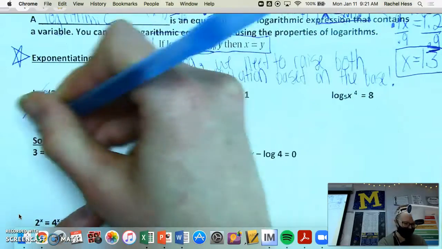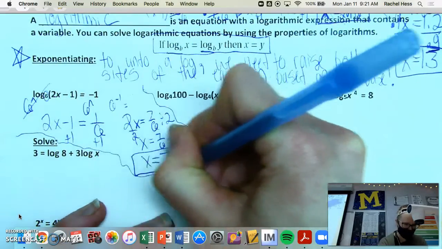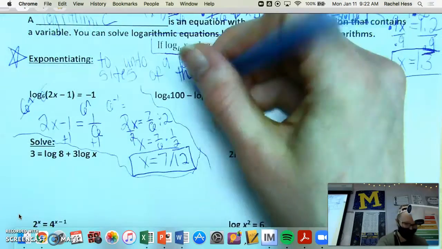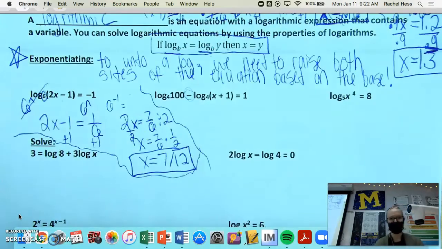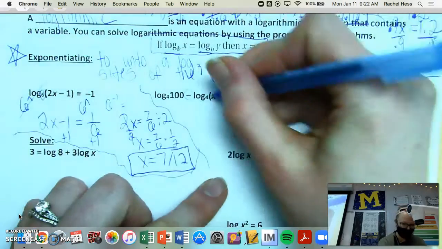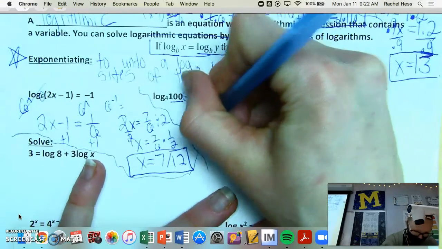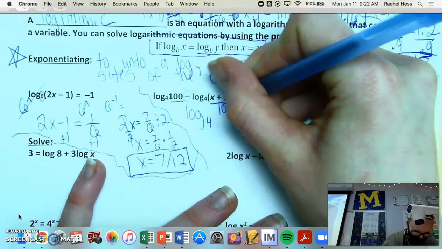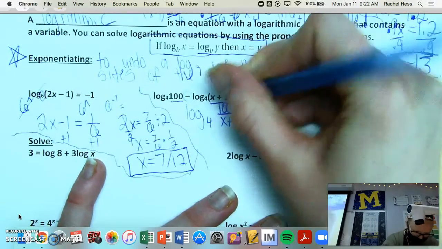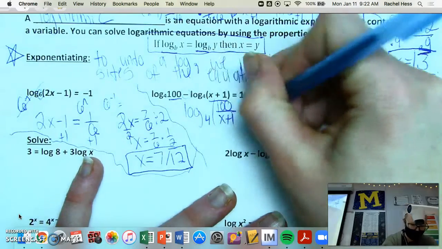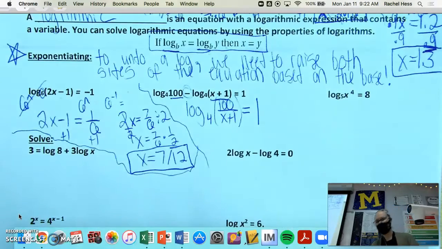This second example is a little different because right now I have two logarithmic expressions and I have to bring them together. So if you remember when we're subtracting logarithmic expressions, what do we have to do to these? We're dividing. Beautiful. So I should have log base 4 of 100 divided by x plus 1 equals 1. So once I've combined my logs, I'm going to do the exact same thing.